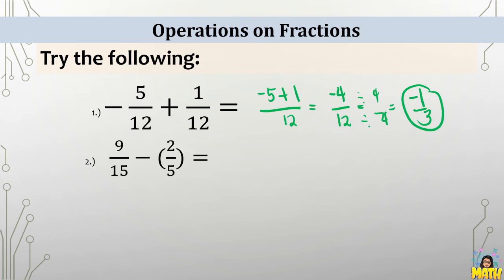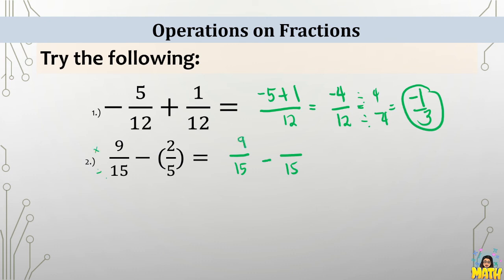Number 2, 9 over 15 minus 2/5. Notice that we have the dissimilar fractions. So we need to find first the LCD, or the least common denominator or number that can divide 15 and 5. So we'll have 15. So 15 divided by 15 times 9, that's 9.